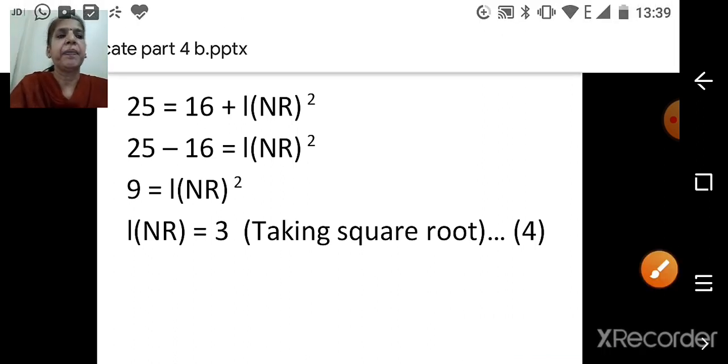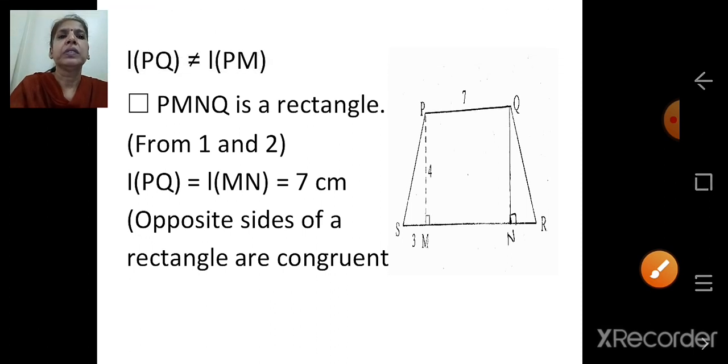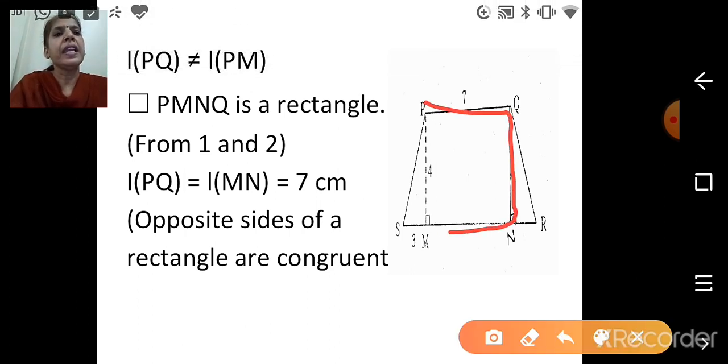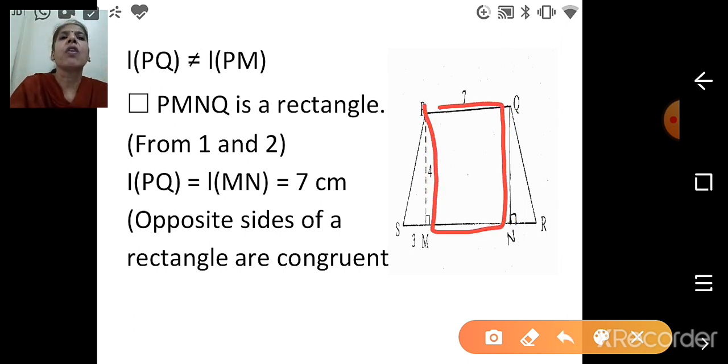That is the sum. Now here you observe properly, one quadrilateral is formed, PQ and M, or we can also say P, M, and Q, either clockwise or anti-clockwise. You have to name in order. So see this rectangle properly, children.